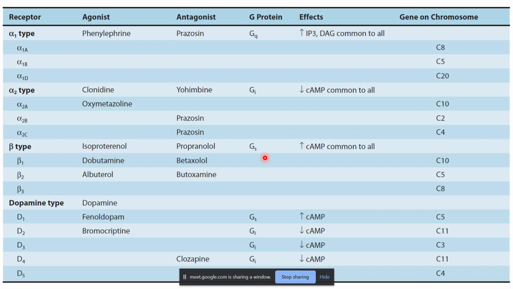Beta receptor activation also promotes the relaxation of smooth muscle, although the mechanism of the smooth muscle effect is uncertain. It may involve the phosphorylation of myosin light chain kinase to an inactive form.